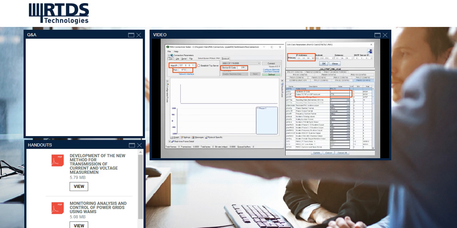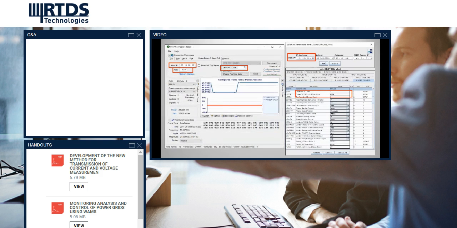The hardware ID would be the device ID code, and the output TCP IP or UDP local port would be the port address. When we feed these values into the PMU connection tester and click connect, we start receiving the streams from the GTNet PMU. Once we establish the connection, we save the PMU connection file. This file would be used by the OpenECA manager for communicating with the GTNet PMU.